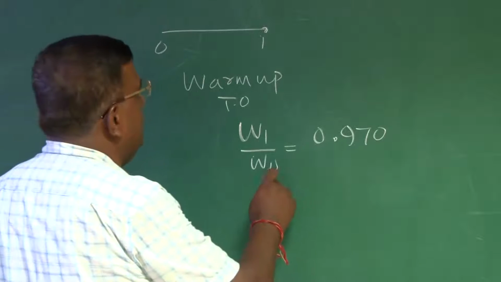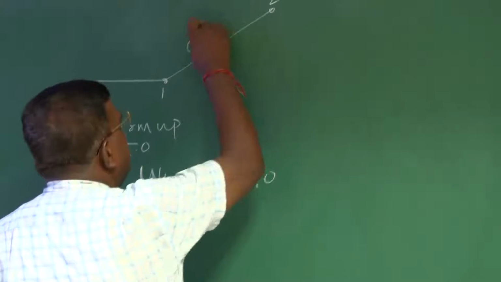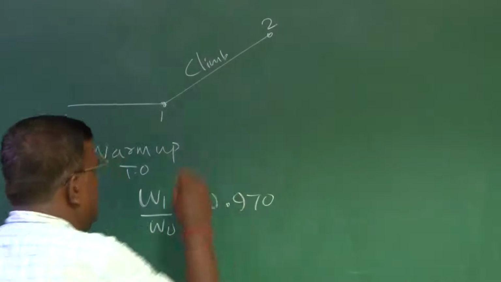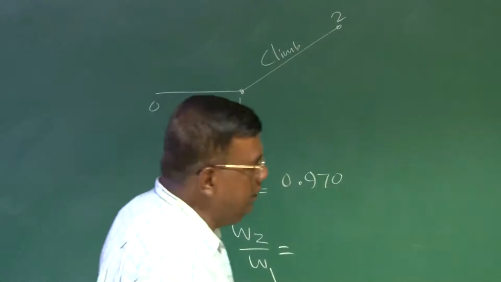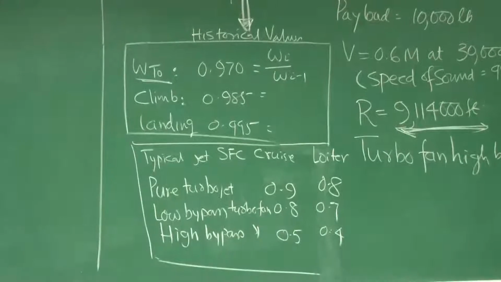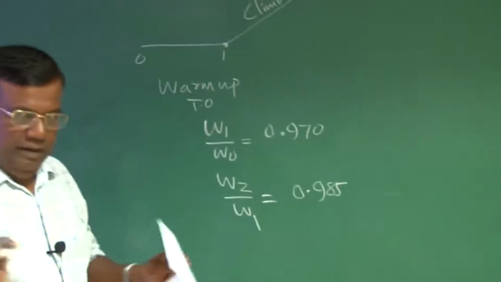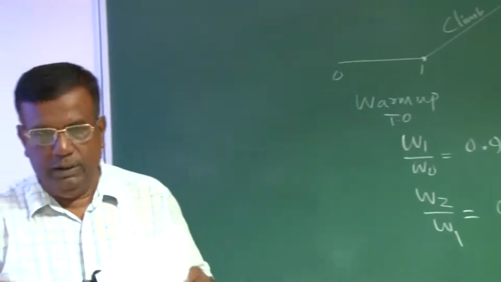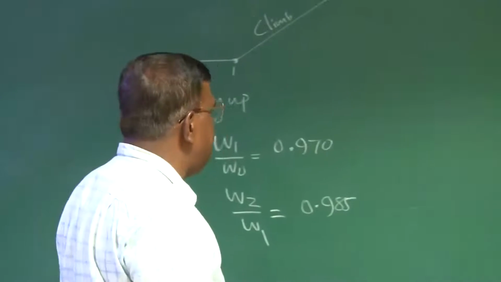Then similarly, from 1 to 2, which is climb, W2 by W1, again based on historical value, is 0.985. These are initial estimates. So once you freeze the airplane and start evaluating in a refined manner, these numbers will get modified. But these are good enough initial estimates based on historical data.